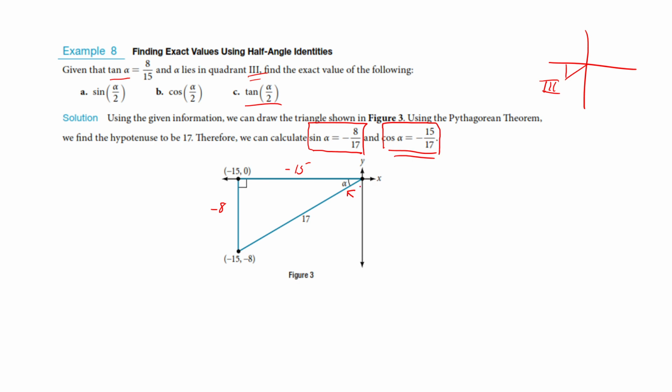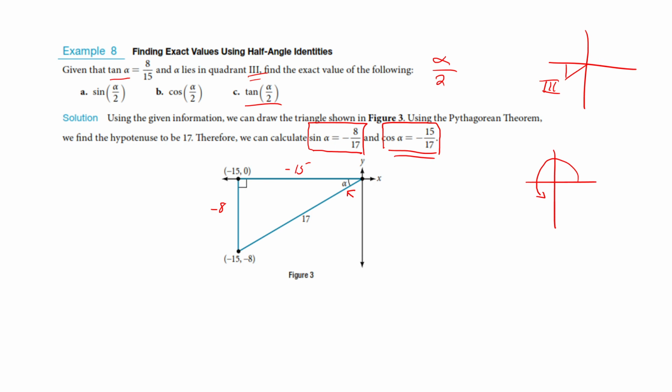But the angle we're interested in is alpha divided by 2. And it is not in the third quadrant. It is not this same angle, and it is certainly not an angle in this triangle. It can't be. So this is alpha that's built off going all the way around here on the circle. Alpha divided by 2 is in a different quadrant altogether.